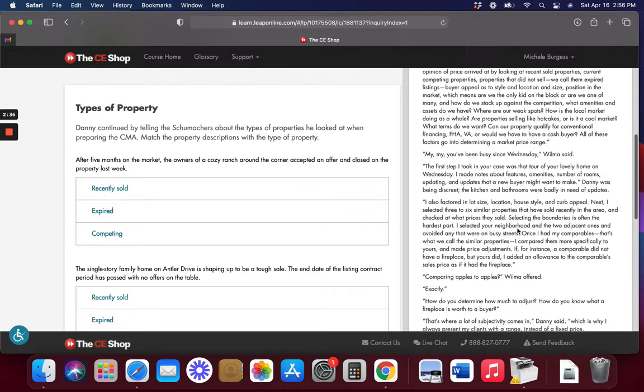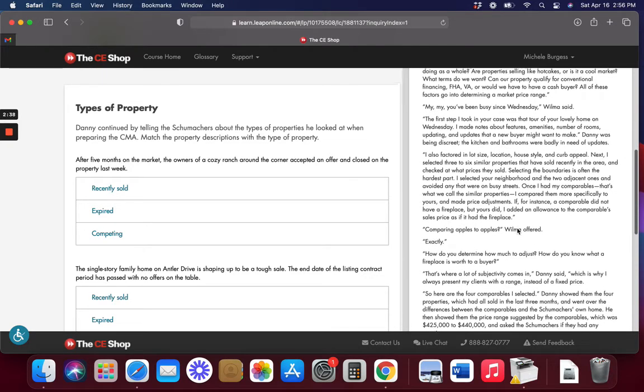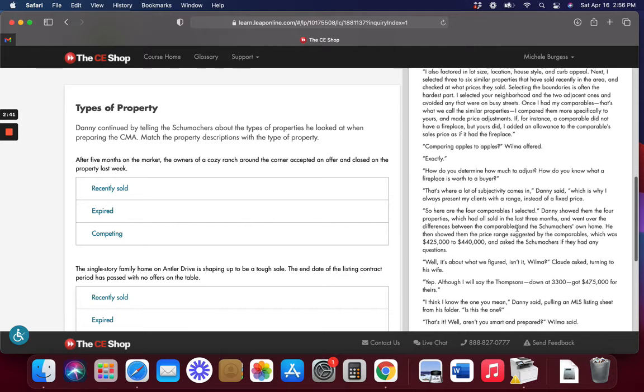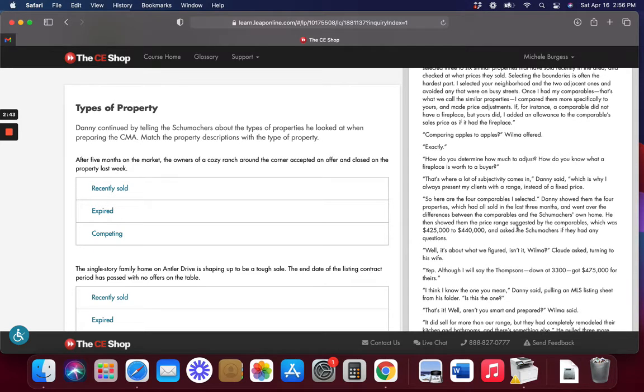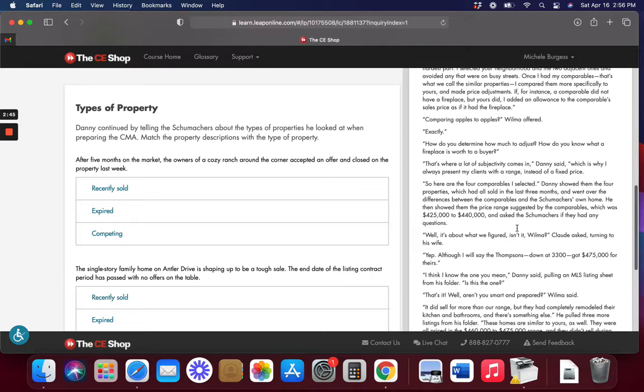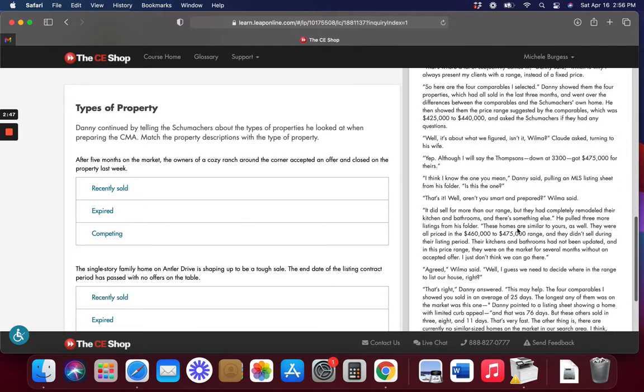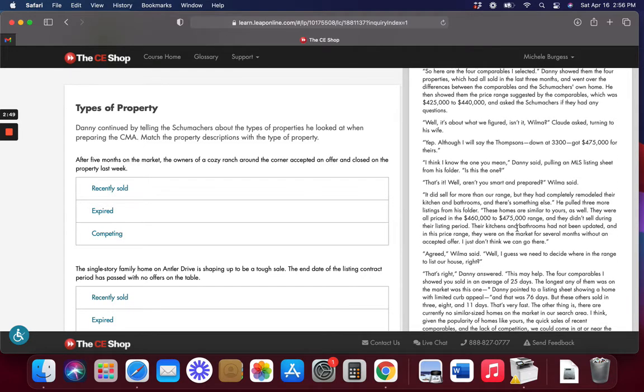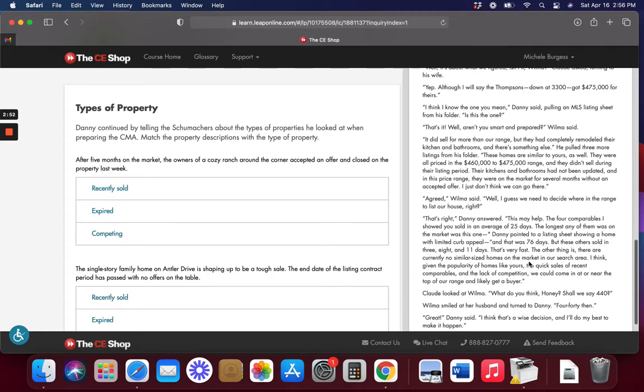I'm looking to see if it's in here. And what kind of property do they have? Okay, he said he did 4 comparables, 25 days. The longest one was on the market.